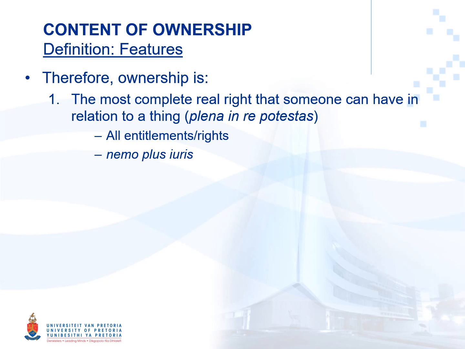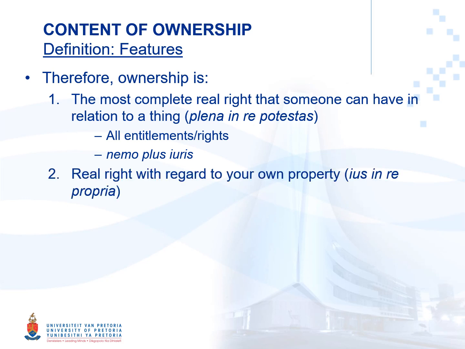Also, if you are the owner of the thing, you can transfer all the entitlements and rights encapsulated in ownership to another person, and also limited or single entitlements in the thing. The second feature relates to the fact that ownership is the only real right that a person can have in his or her own property.